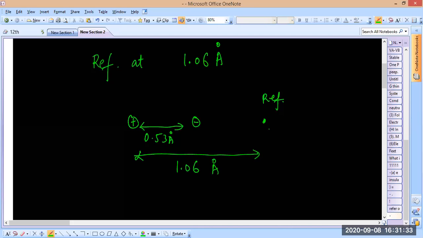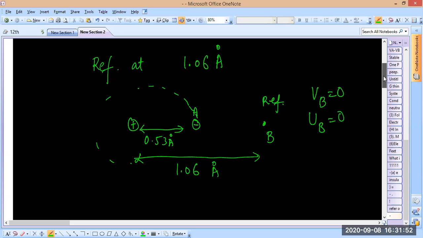Let's call this point B, and let's call this point A. So the electron is revolving maybe at A, but the reference point is at B. So UB equal to 0 or VB equal to 0, as you like. Is this situation clear?